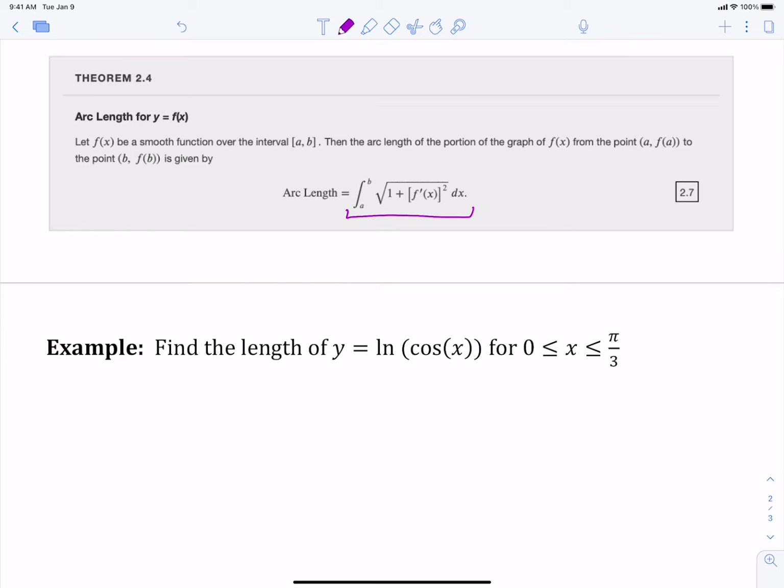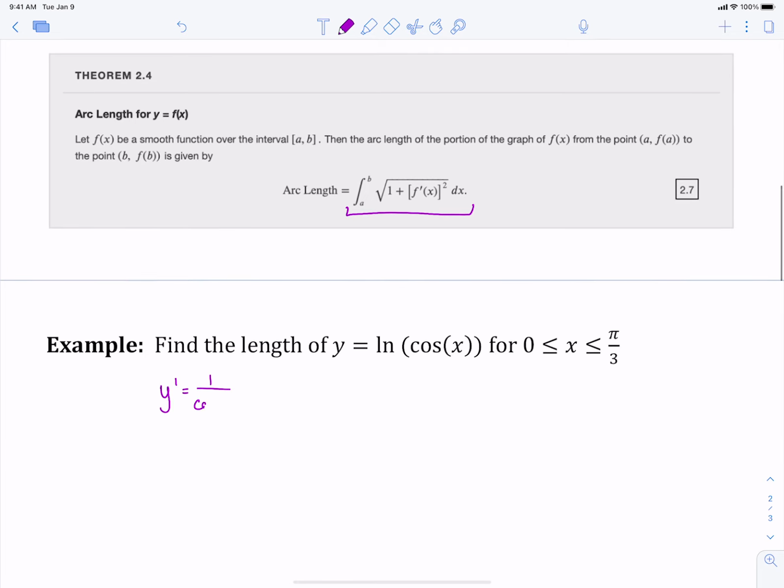The way that I like to do this is to really break it down piece by piece. I'll usually start with just finding the derivative of this function. So it's going to be 1 over cosine of x times negative sine x using our chain rule. And we get negative sine of x over cosine of x, or negative tangent of x.